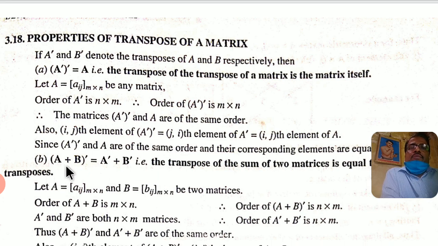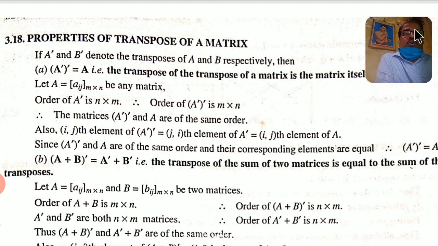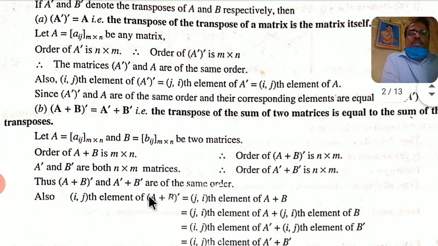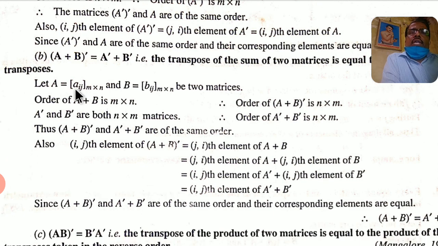Similarly, the second property: A plus B whole dash is equal to A dash plus B dash. That is, the transpose of the sum of two matrices is equal to the sum of their transposes. For example, let A equal Aij of order m cross n, and B equal Bij of order m cross n, be two matrices.